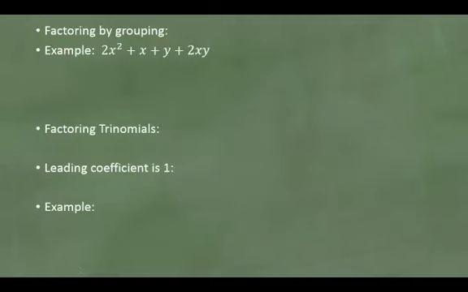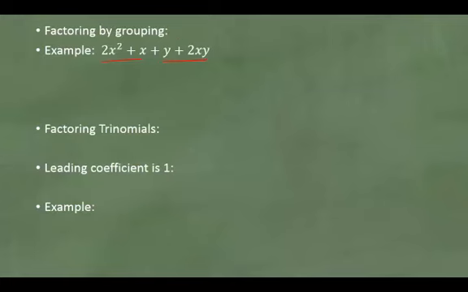Factoring by grouping. Sometimes if you can't factor the same thing, a greatest common factor from every term, then you might be able to factor the problem by grouping terms together. So for example, in 2x squared plus x plus y plus 2xy, the first two terms have something in common, and the last two terms have something in common, but all the terms don't have something in common.